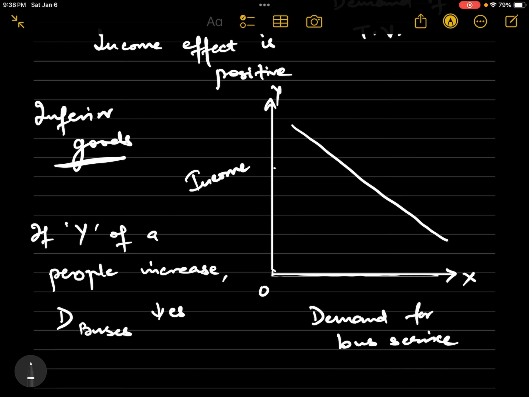So you can even show it through a graph clearly like this, that you have initial income and this is your quantity. If income of the people increases to Y1, the demand for buses would decline. So this is an example. This is a graph for inferior goods.